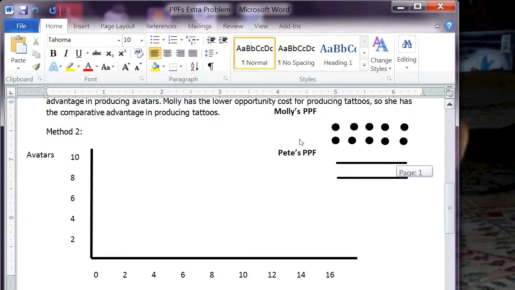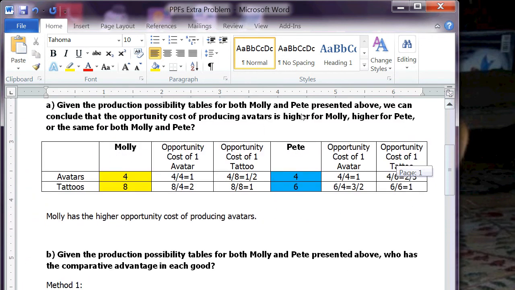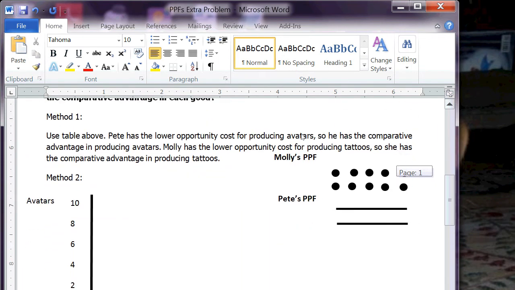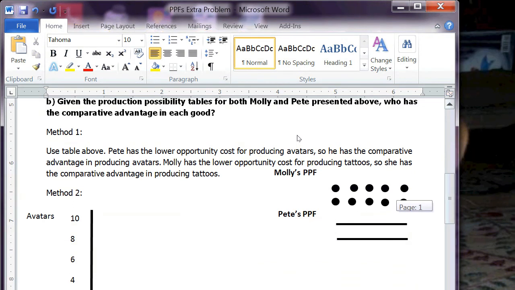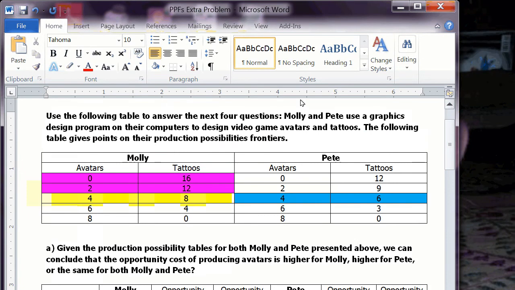Instead, if we wanted to look at the graph, so that's one method, is to use this table, to use the calculations that we've created. But we've also been given all the points. So if we plot all of our points for both Molly and for Pete, we can compare the overall lines of the graph. Alright, so here are our original points that we saw on the table. So let's go ahead and plot these.